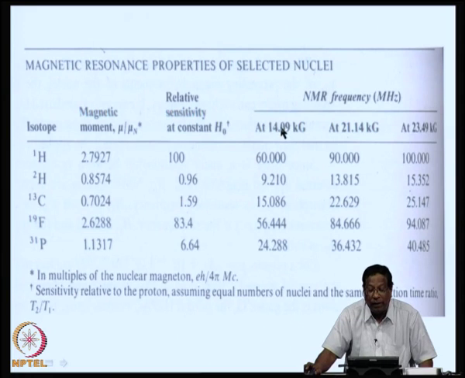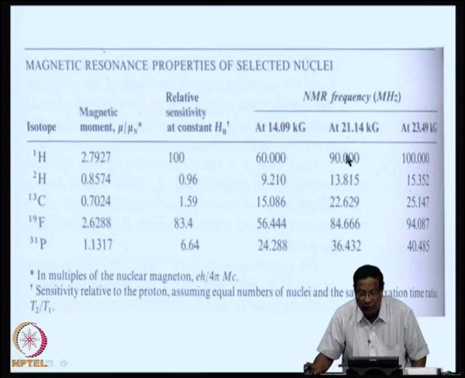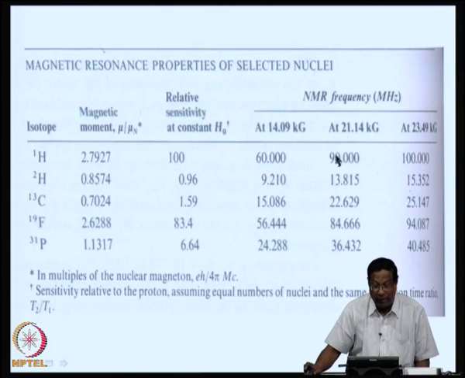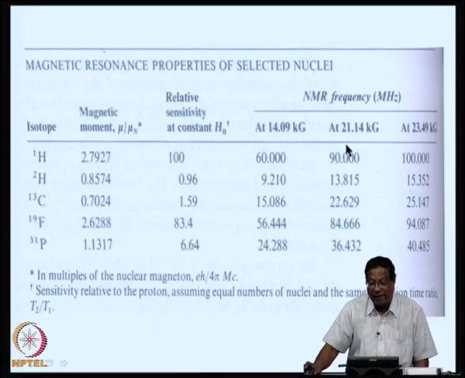This is at 14.09 kilo Gauss, and this is at 21.14 kilo Gauss. If you apply that magnetic field, the frequency you would be getting is around 90 megahertz. Similarly, at this 23.49 you would get a frequency of about 100.